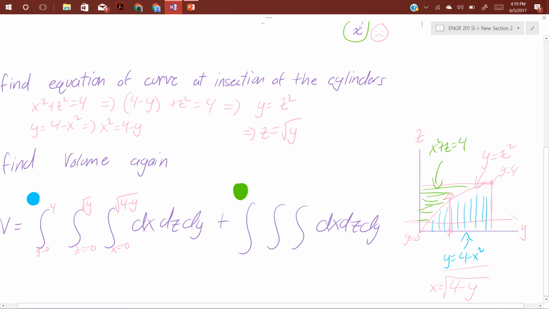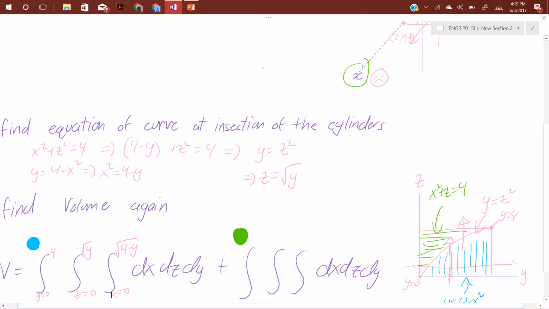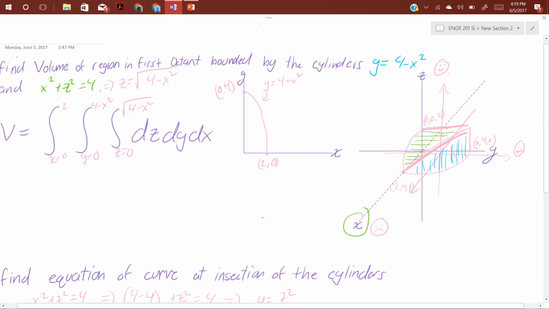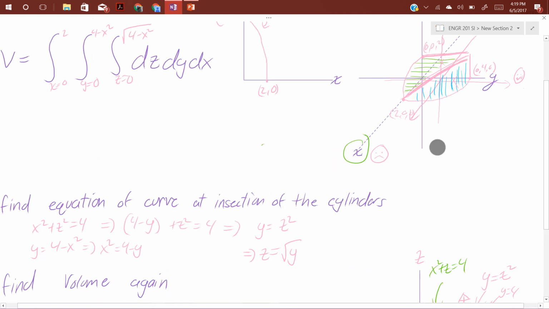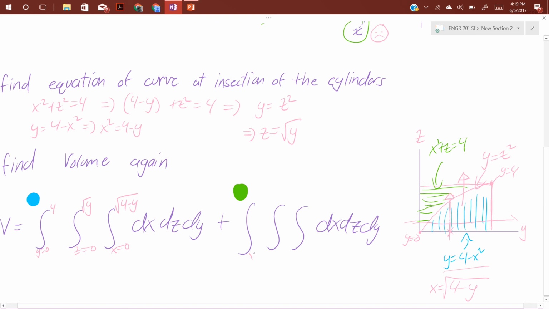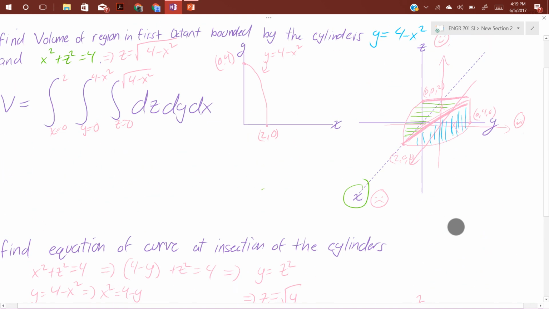So this green part, you now have to look at how our arrow enters and exits the green part. Sorry, I got to do the x. So going back up here, since it enters at x equal to 0, like the first one, x equals 0 here, but it exits into the green region.